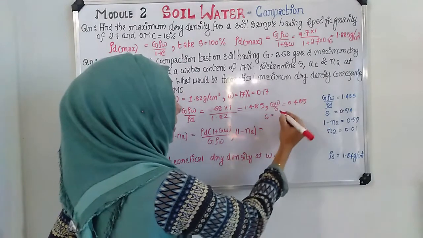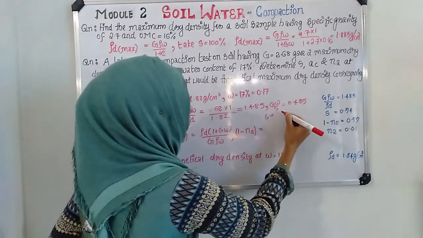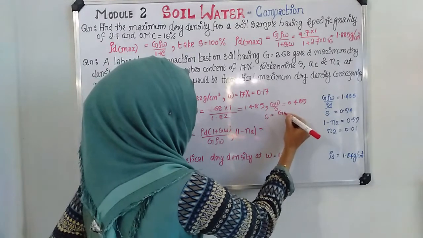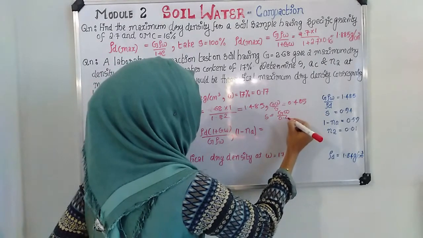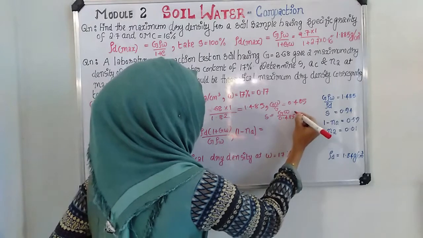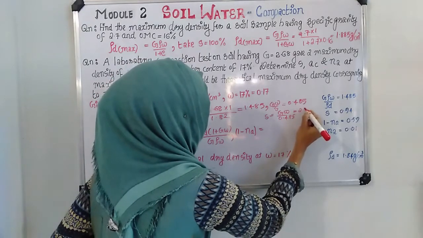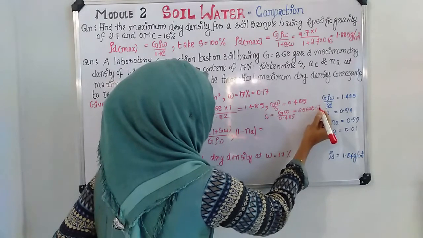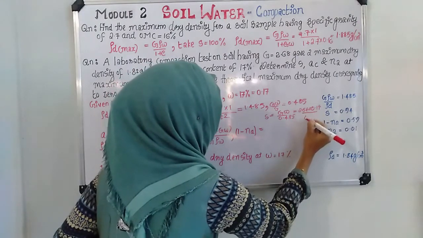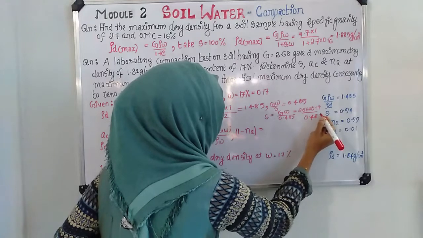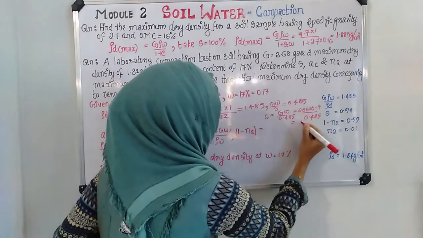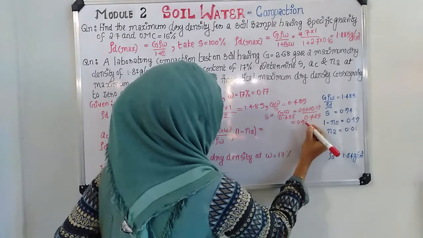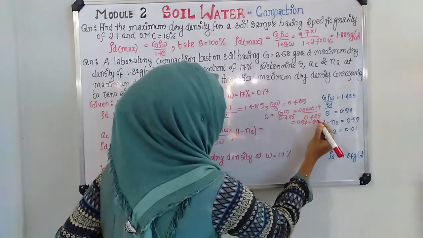From this, S is equal to GW by 0.485. G is equal to 2.68 into 0.17 divided by 0.485. S is equal to 0.94, which is equal to 94%.